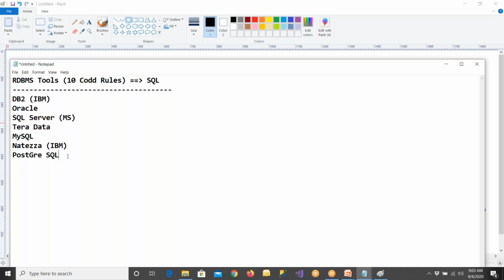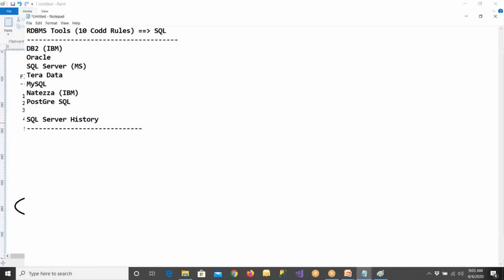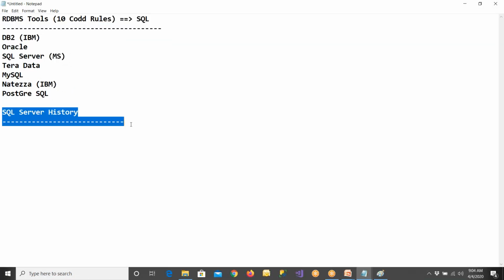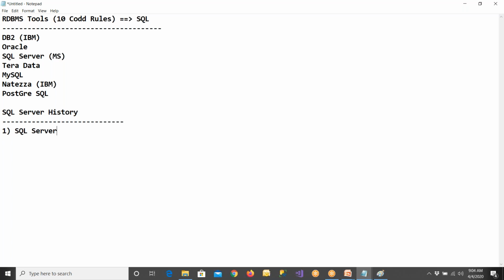Now, what is the history of SQL Server? Because we are going to be learning SQL Server from tomorrow, from Monday. Let us see the history. SQL Server is completely an RDBMS software, and the first version was released, SQL Server version 1, in 1989, April 26th in America.